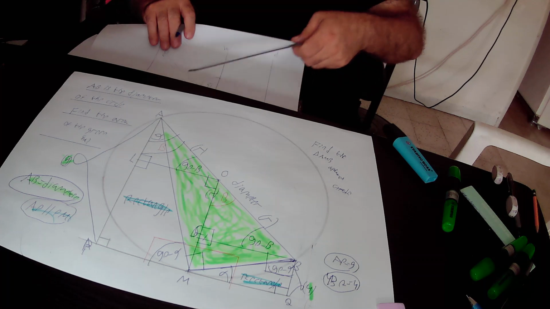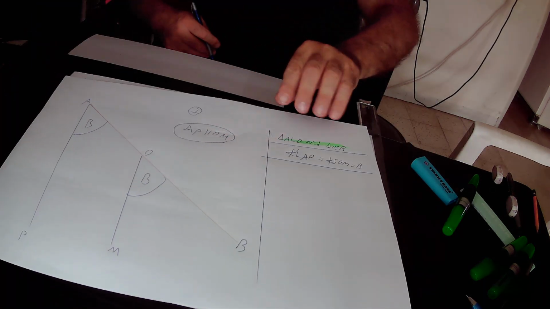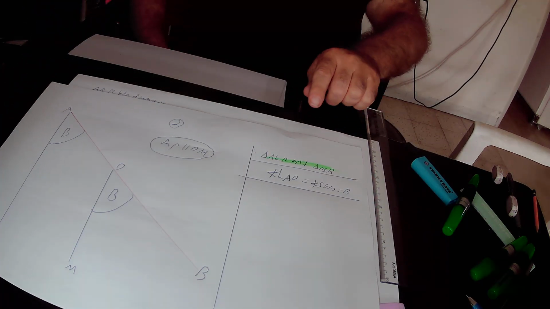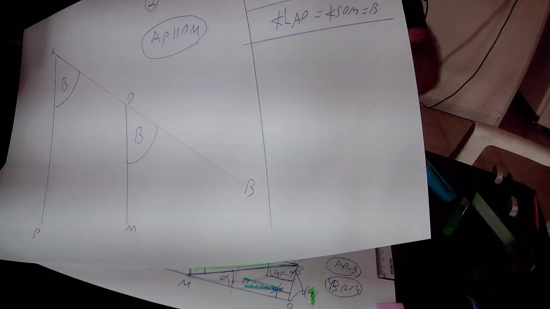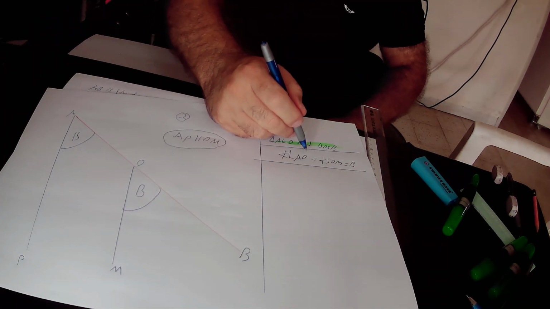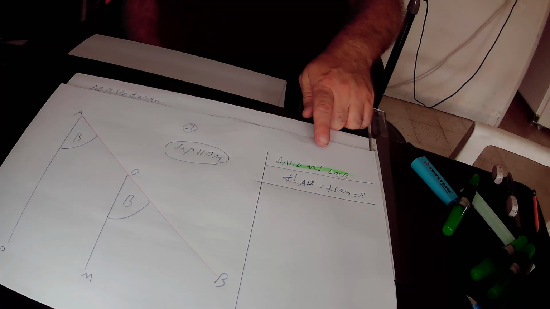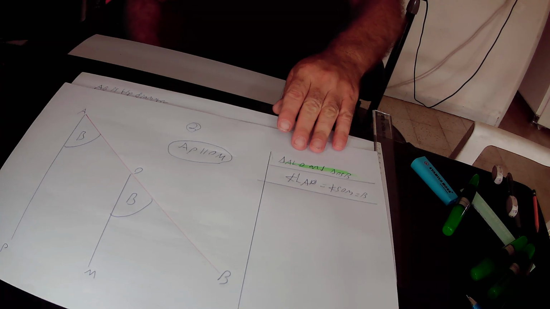Again, angle LAO in the right triangle ALO equals angle OSB in the right triangle SOB. They are both equal to beta and therefore they are equal to each other.